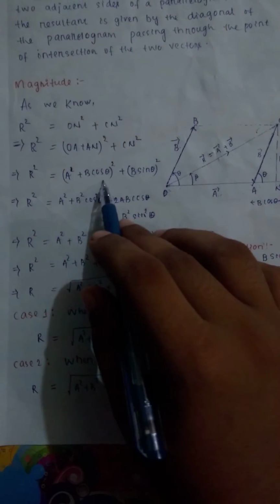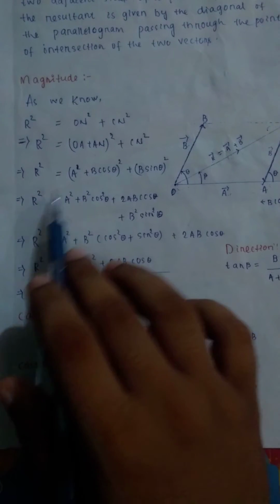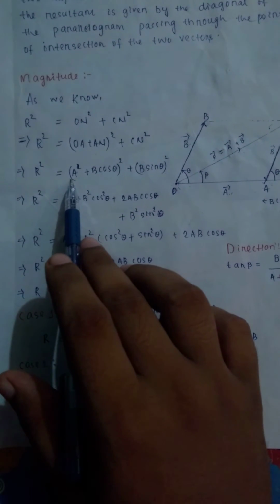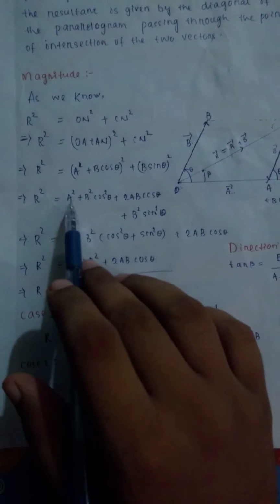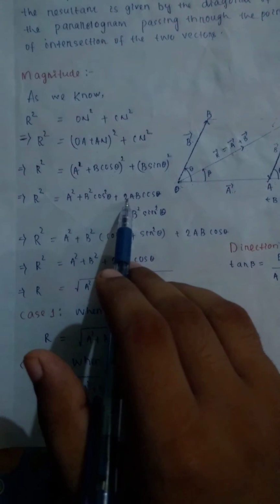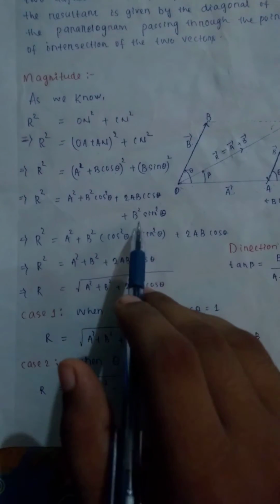I have just put the value of AN and CN in the equation. So R square is equal to, putting the formula of A plus B whole square, A square plus B square cos square theta plus 2AB cos theta plus B square sin square theta.